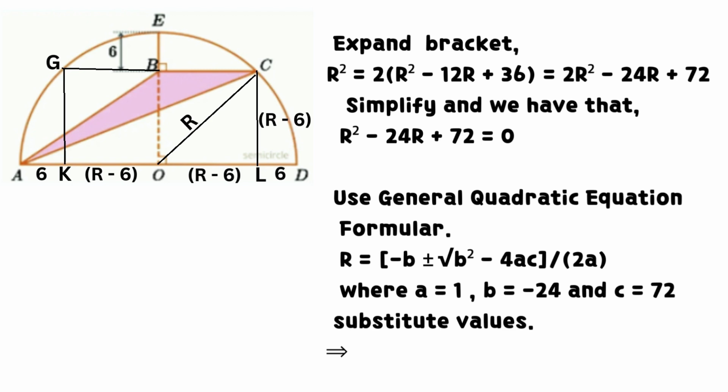Use the general quadratic equation formula. R equals negative B plus or minus the square root of the square of B minus 4 times the product of A and C, all divided by 2 times A, where A equals 1, B equals negative 24 and C equals 72. Substitute values.